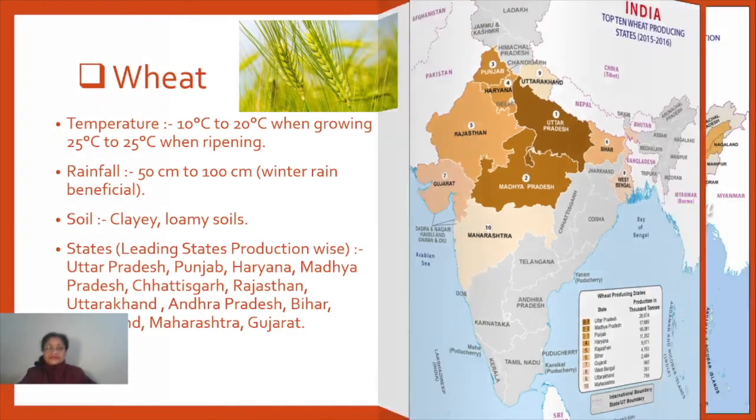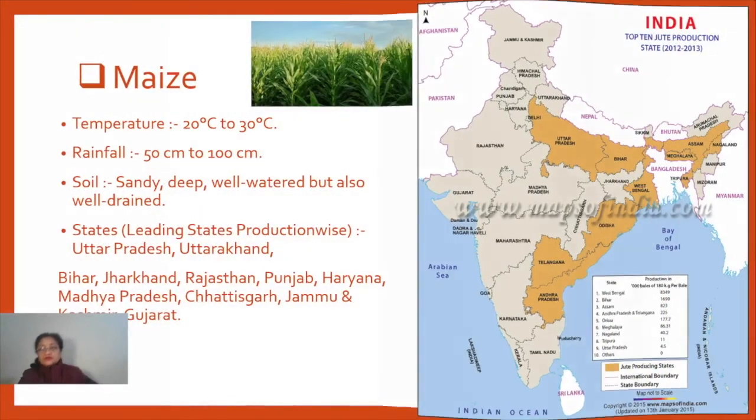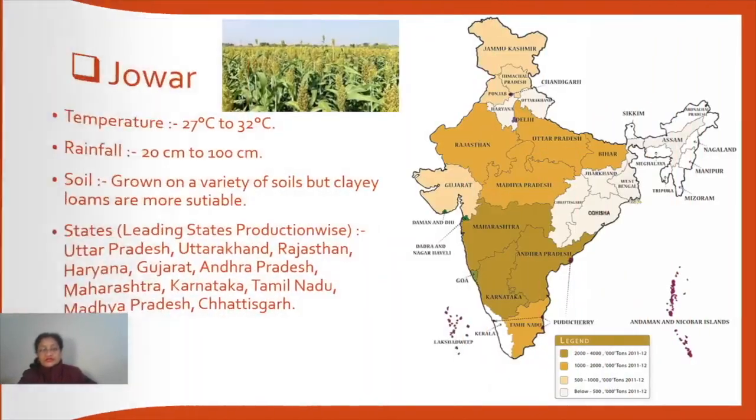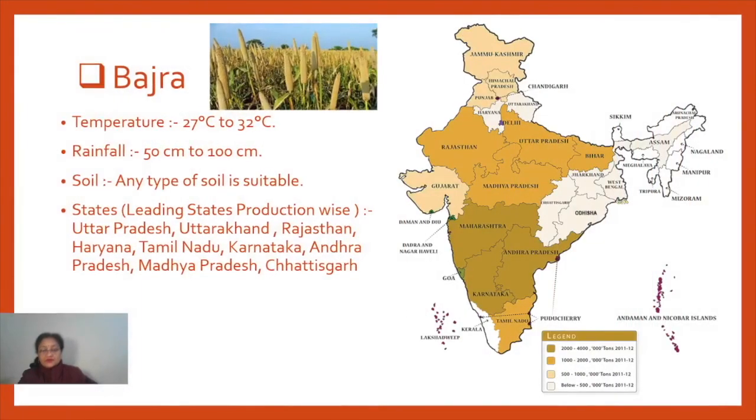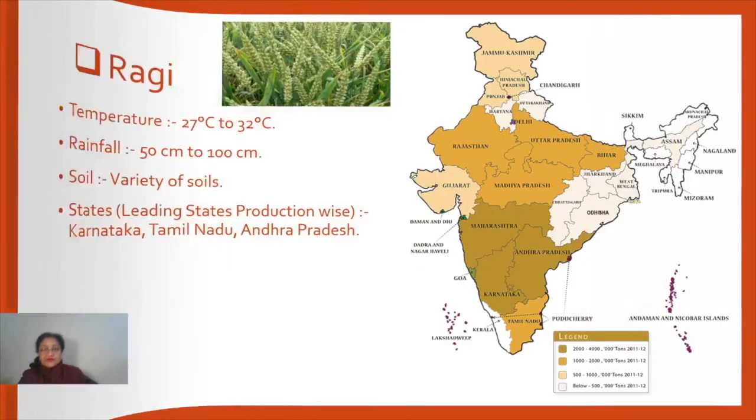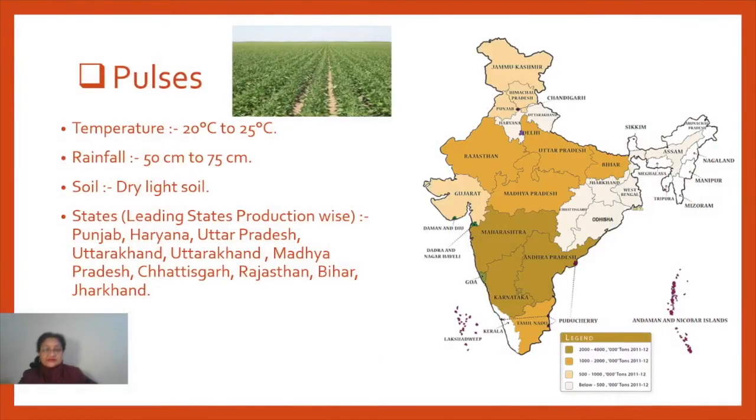Now besides this, come to the next crop. Actually this time we have to cover, besides rice and wheat, one more crop, that is pulses. Okay, now according to the climatic conditions of India and the soil we have in India, pulses are covering a large area in our country.